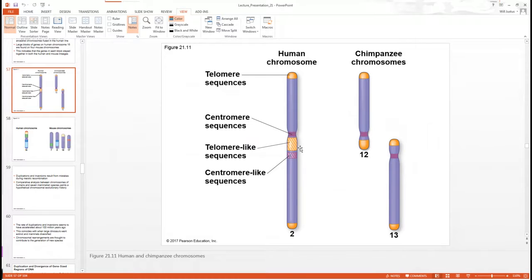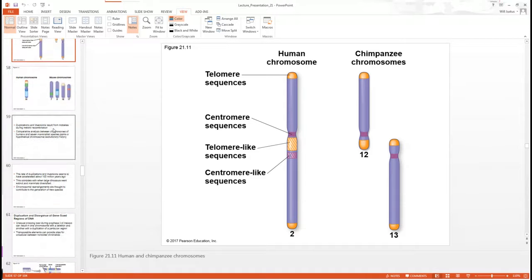It's got this telomere-like sequence in the middle because something happened among our common ancestors with chimpanzees, and something happened to cause a duplication, so we have a longer chromosome. Inversions can also occur.